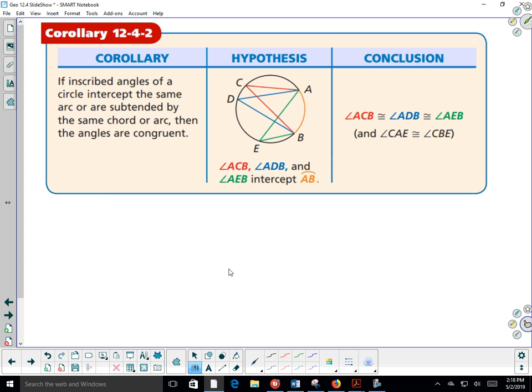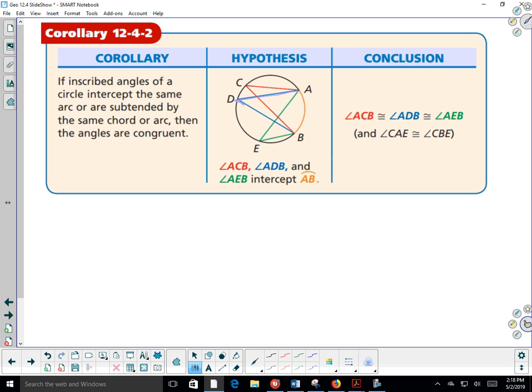Okay, moving on. Let's take a look at this corollary. If inscribed angles of a circle intercept the same arc or are subtended by the same chord or arc, then the angles are going to be congruent. This is kind of a cool thing because we have, let's say, angle ADB.